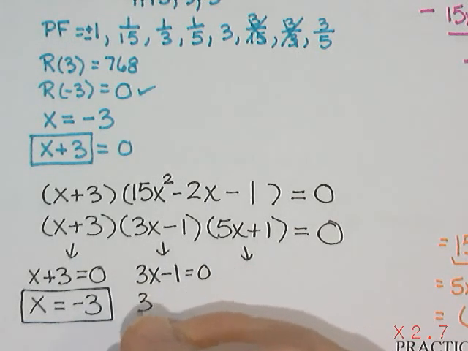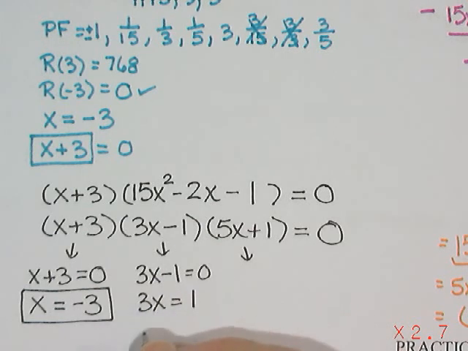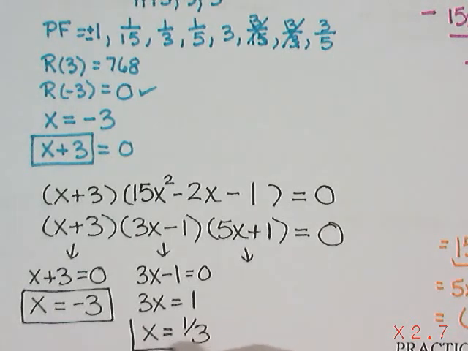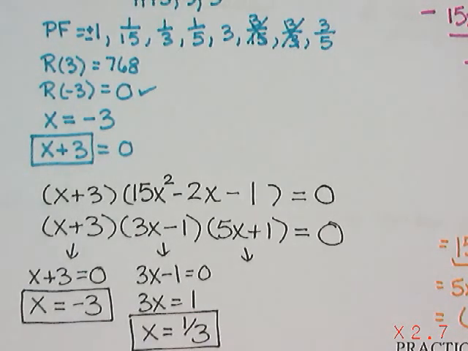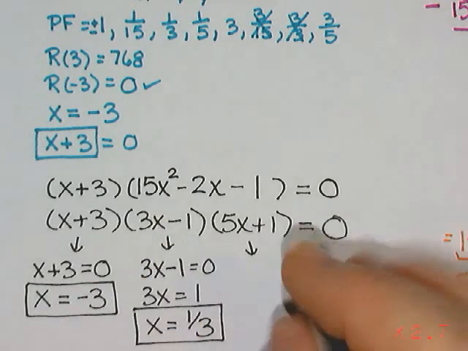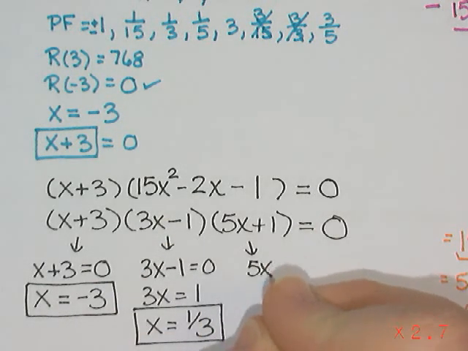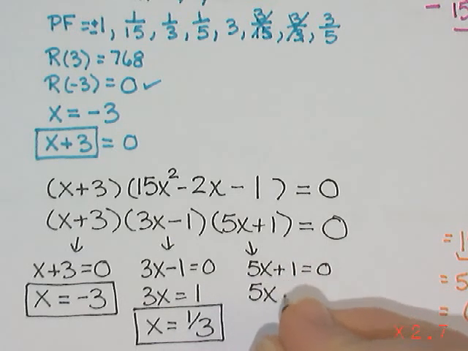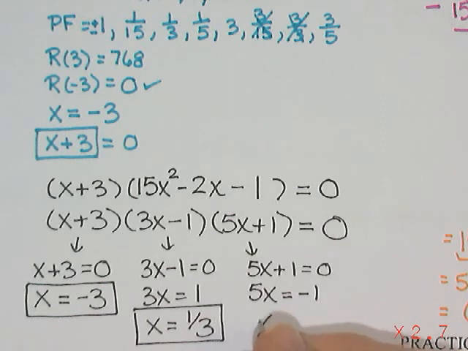3x minus 1, what makes that equal 0? Well, I could add 1 to get 3x equals 1, and then divide by 3 to get x equals 1/3. Now, if you could look at that bracket and you knew that it was just x equals 1/3, you're welcome to just write x equals 1/3. All right, last one. What makes 5x plus 1 equal 0? I would subtract 1 to get 5x equals negative 1, and then divide by 5.